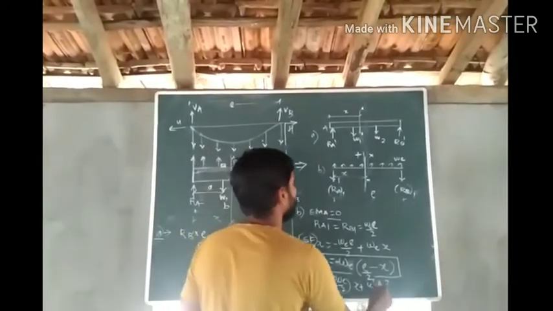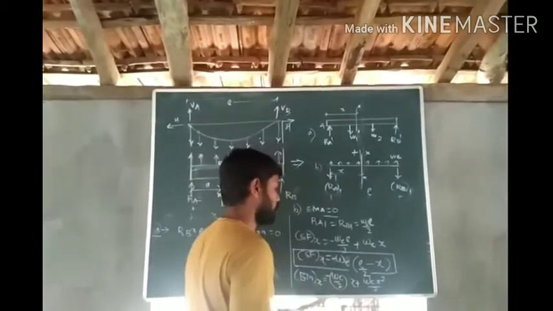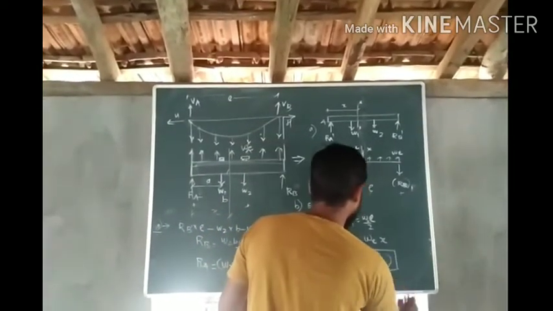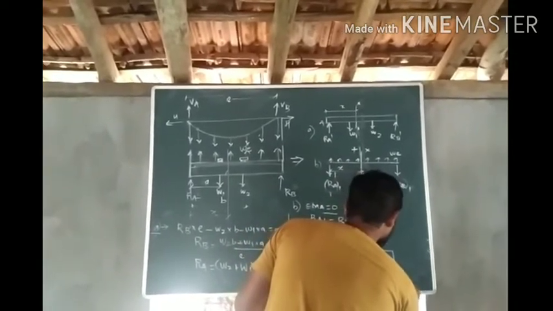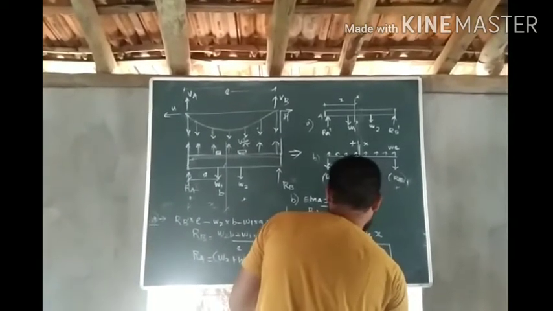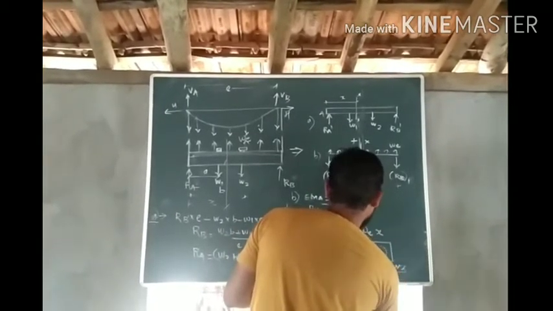WE multiplied by X into X by 2 will cause a clockwise moment. Now take the common terms outside of the bracket. This is W, X is also common, 2 is also common.